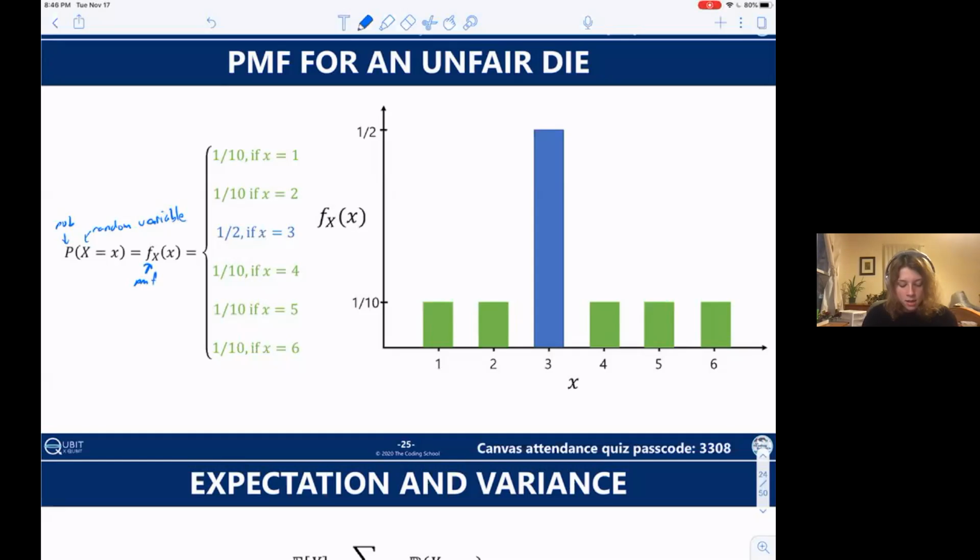We defined the value for every possible random variable value except for 3 as being only 1/10, while for 3, it's 1/2. So we're much more likely to get 3 than anything else.